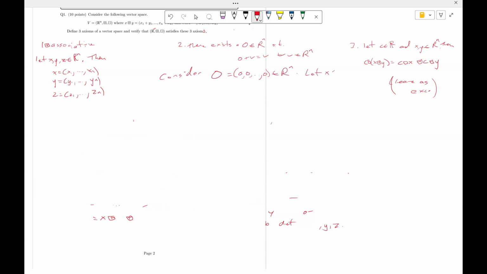Let X be in R^n. Then X equals X1 up to Xn.